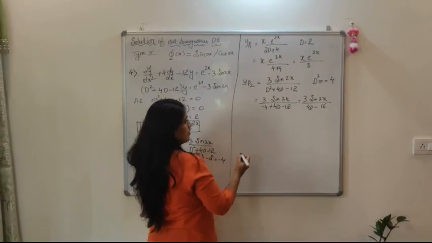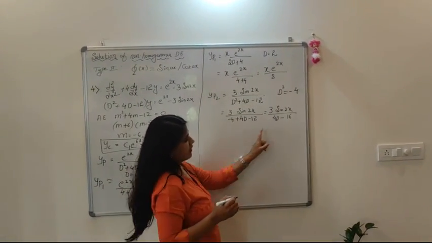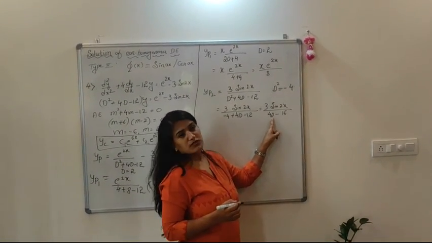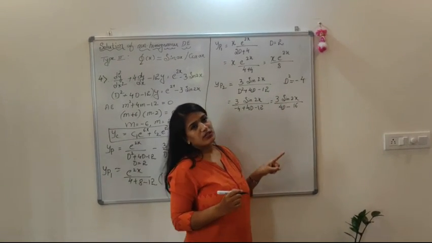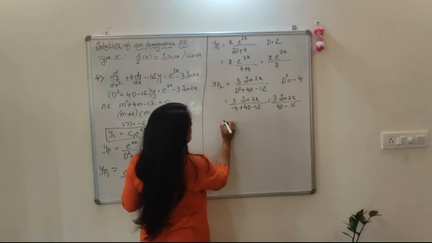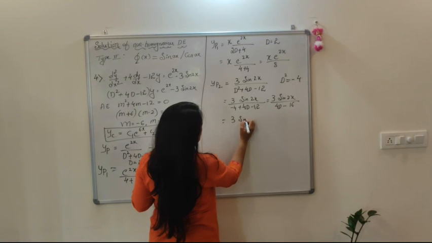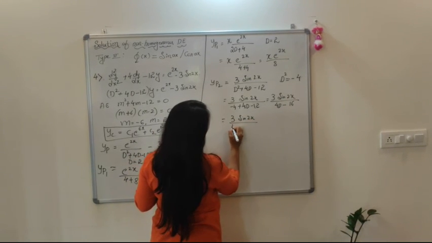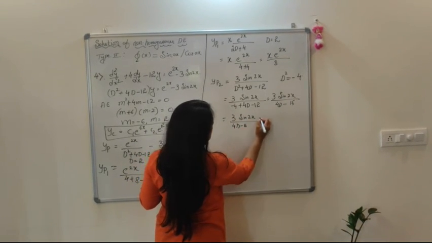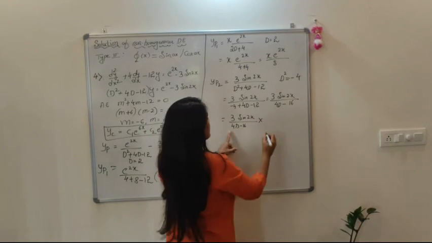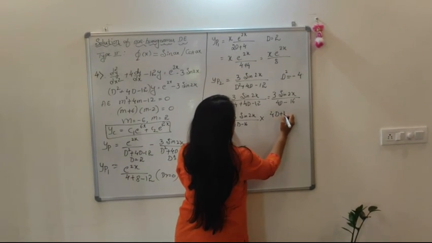Now 4d is there, so we can't replace anything for the d term. I want d square, so that's why I do rationalizing. So I will get 3 sin 2x divided by 4d minus 16. Multiply and divide by 4d plus 16.